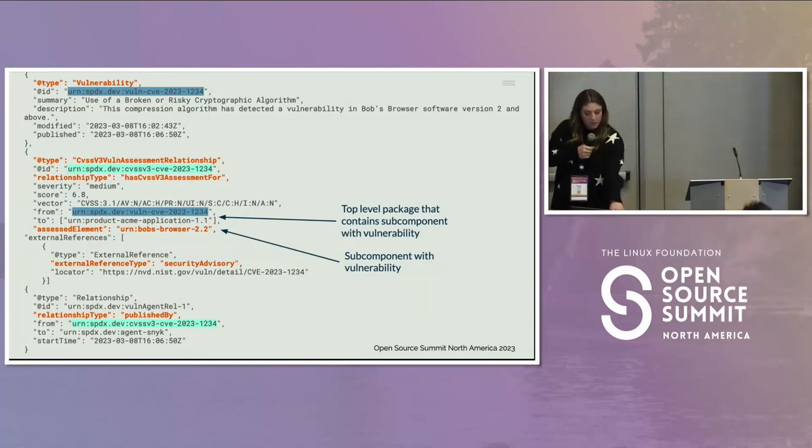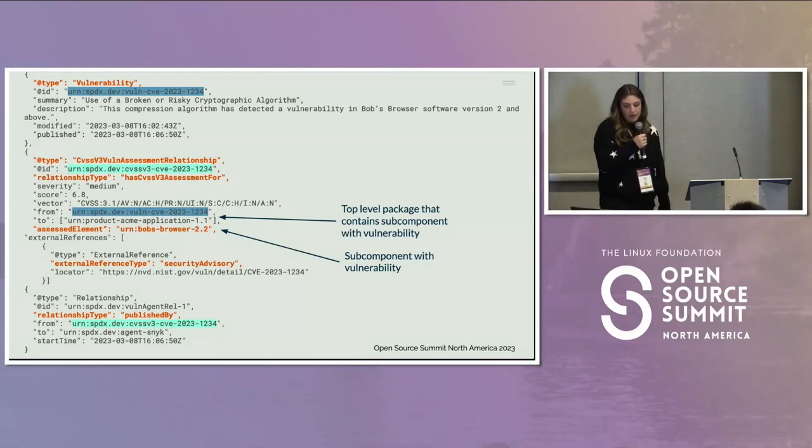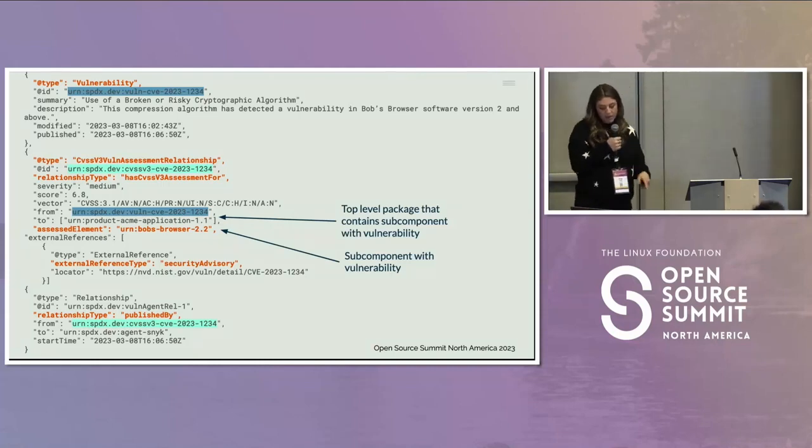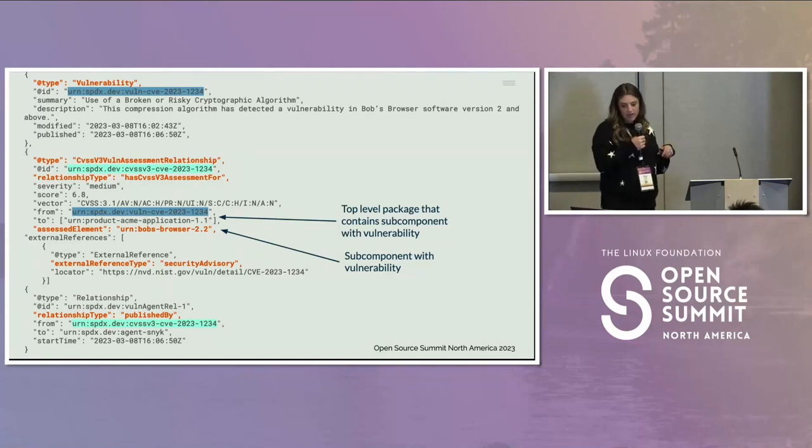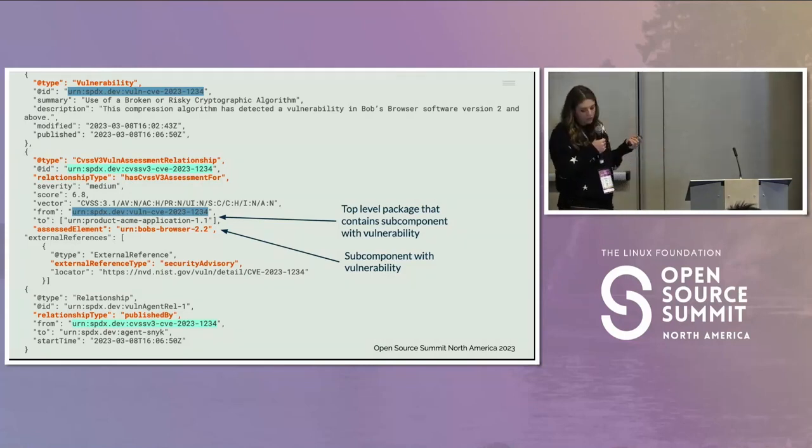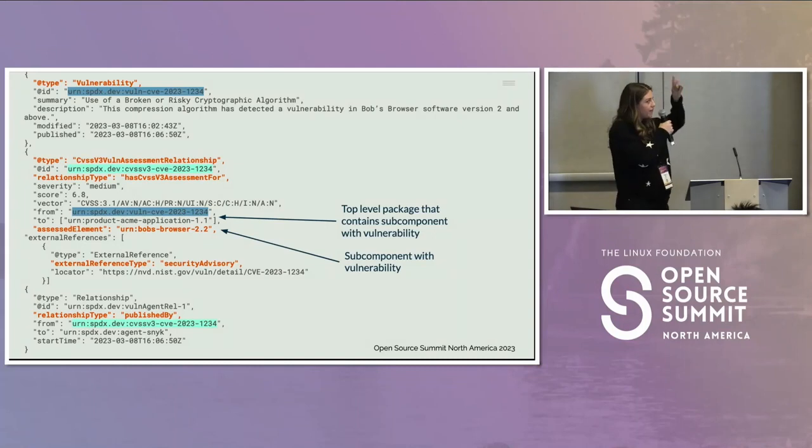The relationship type is has CVSS v3 assessment for. It has a severity field, a score, a vector, and you would fill that in. And then from is going to be the top level package that contains a subcomponent with the vulnerability. So we're saying that top level Acme application 1.1 has this vulnerability with this severity.